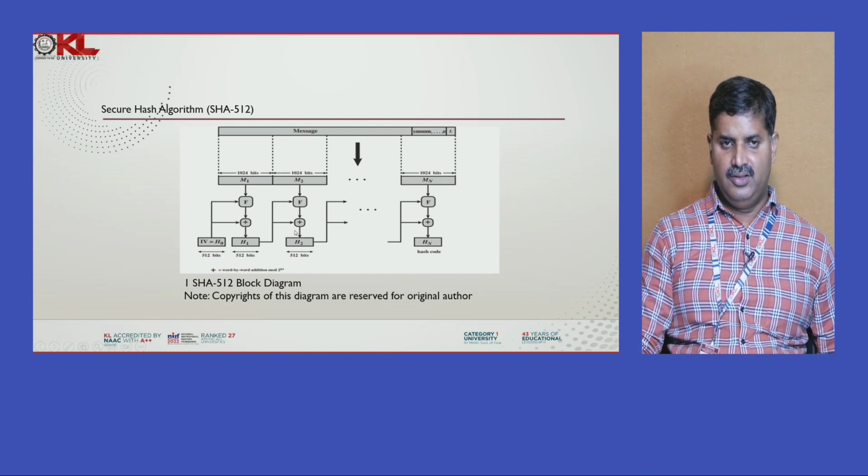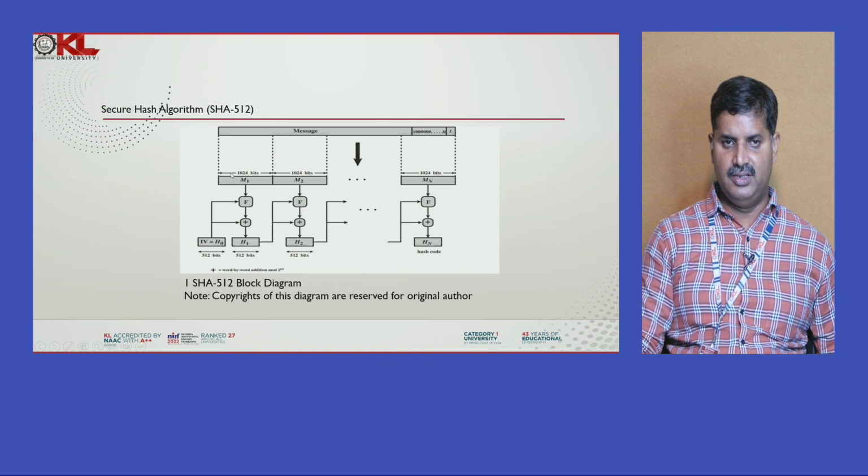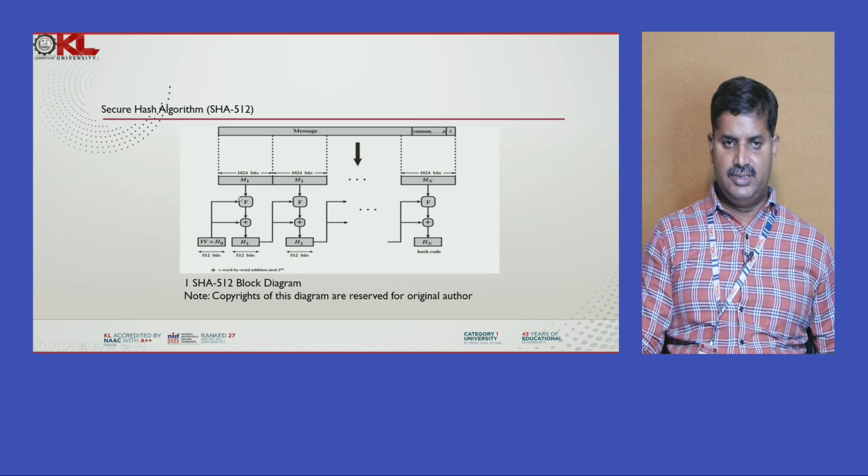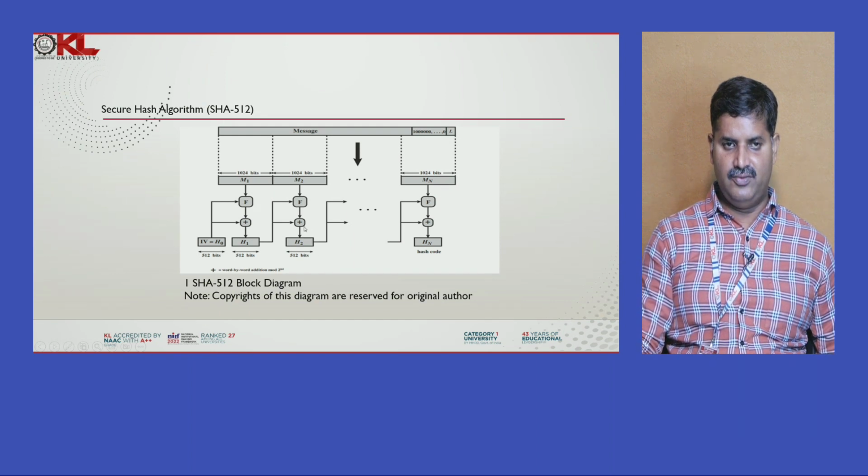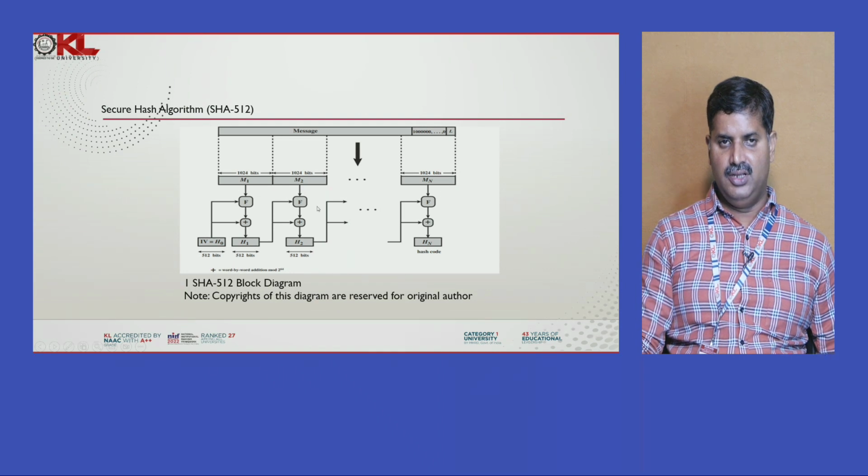This is the block diagram where the total message of length L is divided into a set of blocks M1, M2 up to Mn. Each block contains 1024 bits. Each block is digested across blocks. This is the formula for digesting each block in the message.